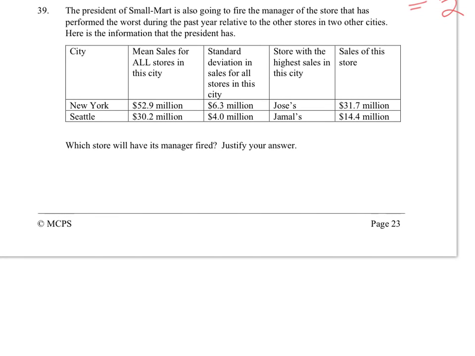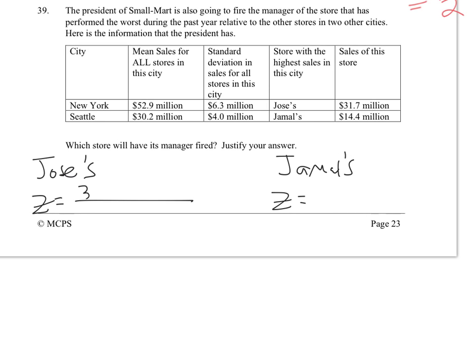Okay, so now we're going to fire the manager of the store who did worse. So let's figure out who did worse. We've got Jose's and Jamal's. I'm going to calculate z-scores again. So it's the data minus the mean over the standard deviation.